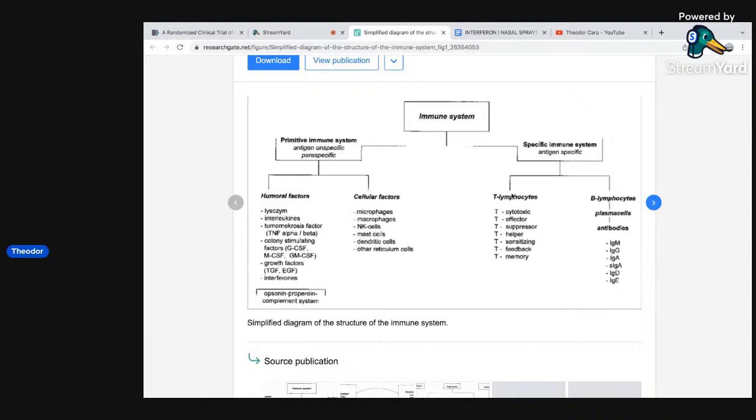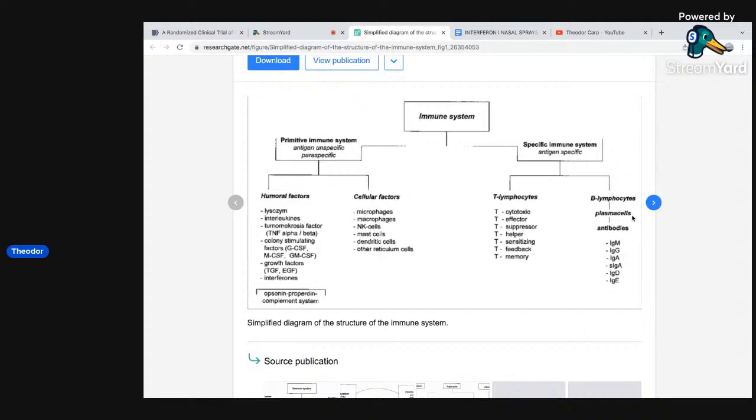So you see here on the right hand side, you have the adaptive immune system. They also call it a specific immune system, which consists of T lymphocytes and B lymphocytes. B lymphocytes adapt, they become plasma cells before they produce antibodies. And developed B lymphocytes are of two types. You have the plasma cells and you have the memory cells.